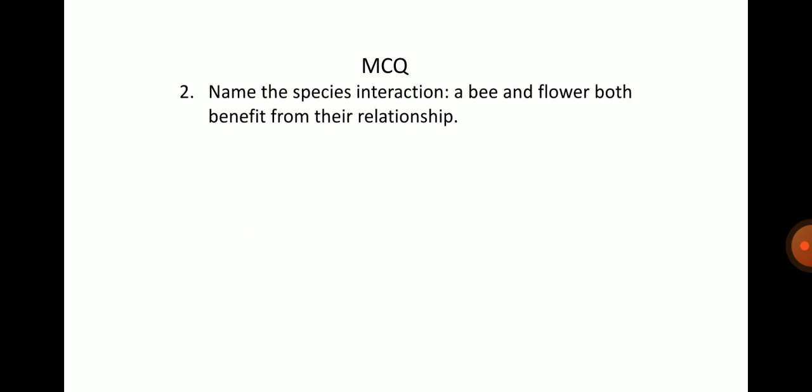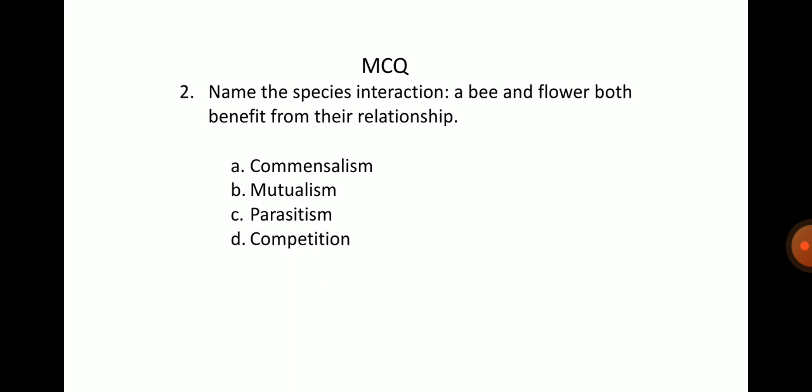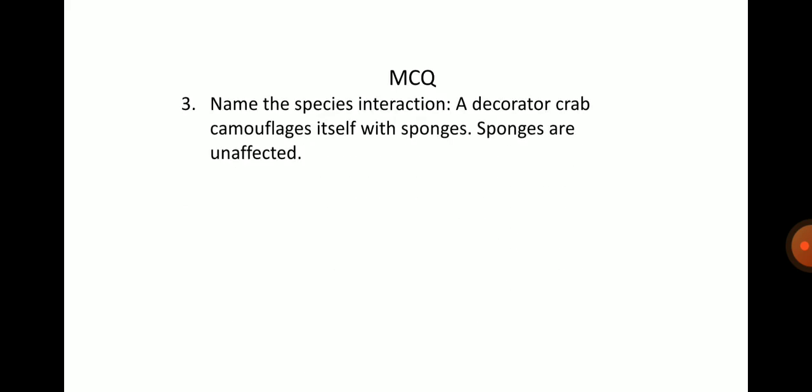Next question. Name the species interaction where a bee and flower both benefit from their relationship. The options are A, commensalism, B, mutualism, C, parasitism, and D is competition. So the answer is option B, mutualism. Next question.